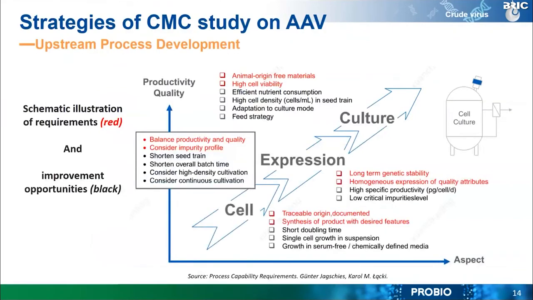This figure illustrates the requirements and improvement opportunities with an upstream process. Cells used in an approval process for human medicines need to be fully documented and traceable to their origin, and need to be adapted to long-term stable expression of the target product with its desired features.